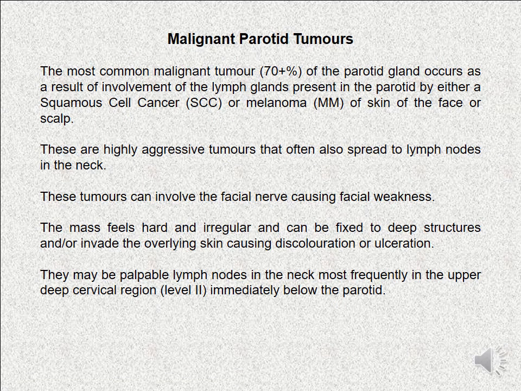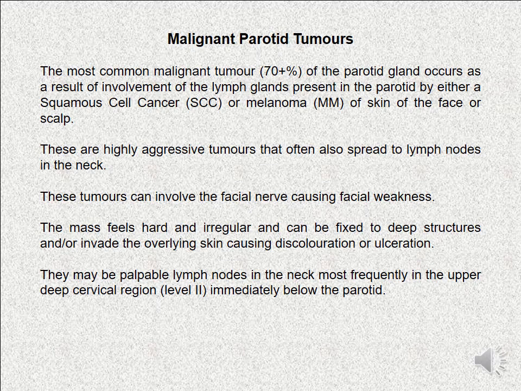The malignant parotid tumor. The most common malignant tumor, about 70% and more of the parotid gland, occurs as a result of involvement of the lymph glands represented in the parotid by either squamous cell carcinoma or melanoma of the skin of the face or the scalp. These are highly aggressive tumors that often also spread to lymph nodes in the neck.